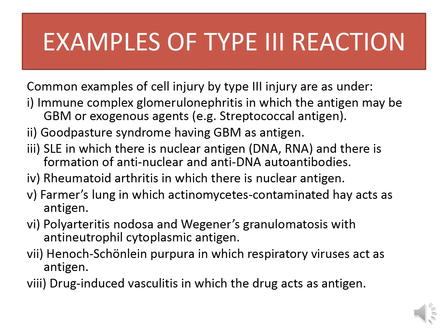As an example, we see immune complex glomerulonephritis, in which the antigen may be from glomerular membranes or exogenous agents like streptococcus infections. We see such a reaction in the case of Goodpasture syndrome, again with kidney glomerular membranes involved, in the case of lupus erythematosus, rheumatoid arthritis, and other diseases presented here in this slide.